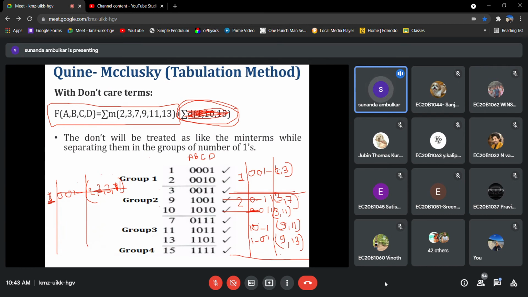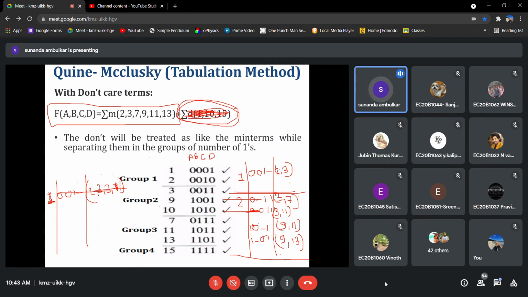Fine. Next is 0 0 1 dash and 0 dash 1. Is it possible? Not possible. Next is 0 1 0 dash and 1 0 dash 1. No possibility.